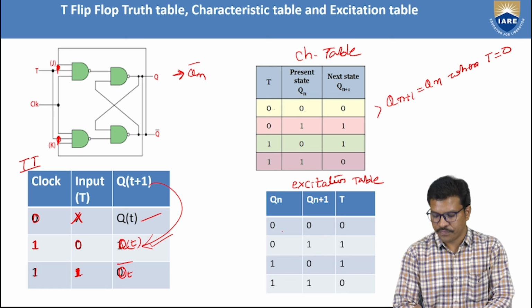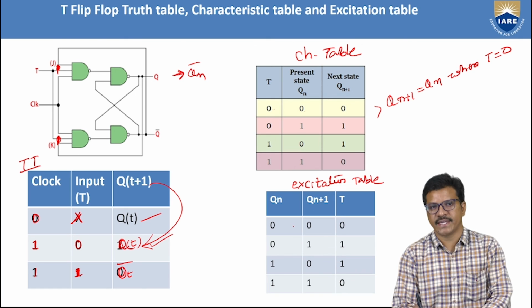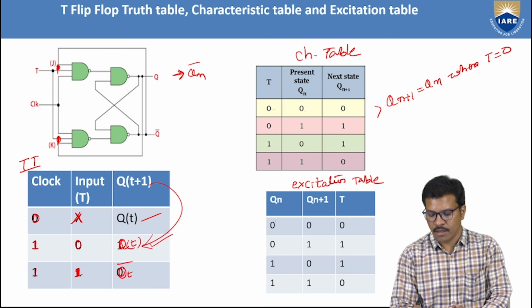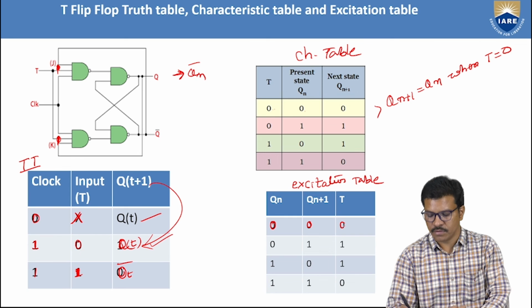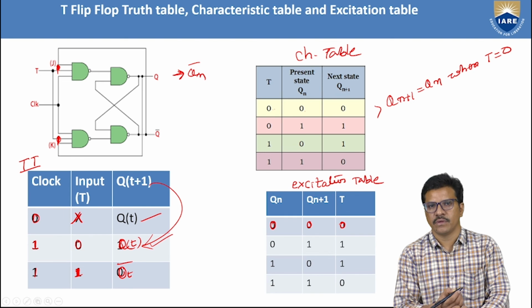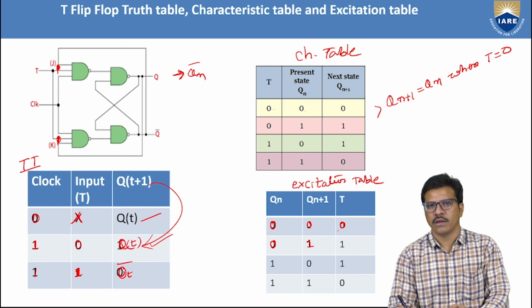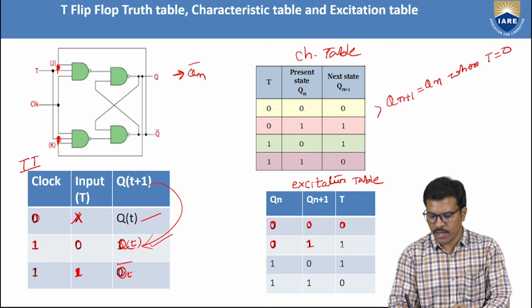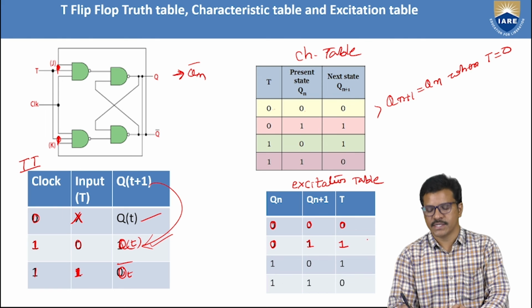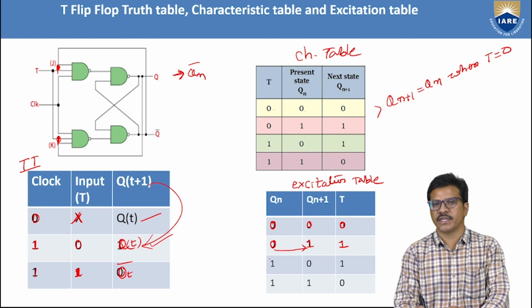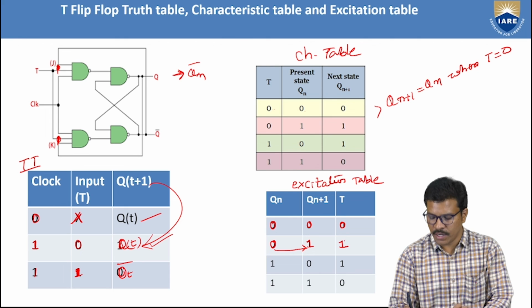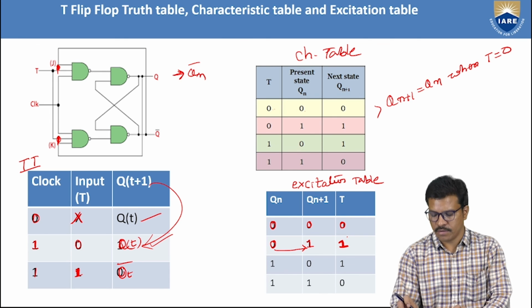For the excitation table, we know the present state and next state, so what will be the combination of T? Present state 0, next state 0, T must be 0. If Qn is 0 and Qn plus 1 is 1, T would be 1 because it is the complement. Present state to next state complement each other, so it would be 1.